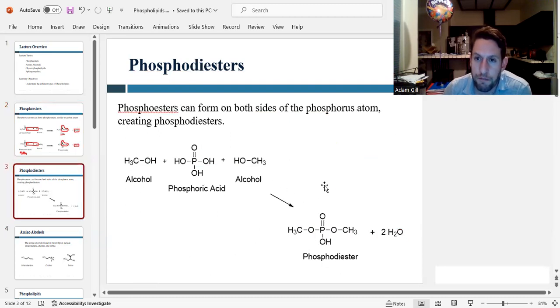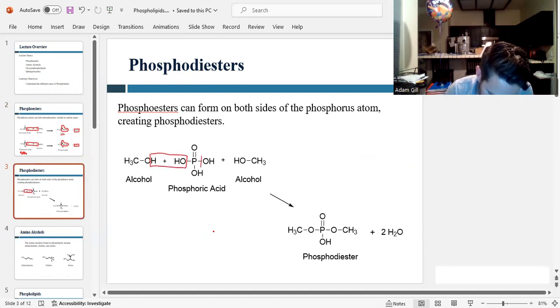Now, you can also have a phosphodiester. Because phosphoric acid has OH on both sides, we can kick out a water molecule on both sides. And so we'll lose two water molecules. What we have here is a phosphoester on that side and another phosphoester on that side.